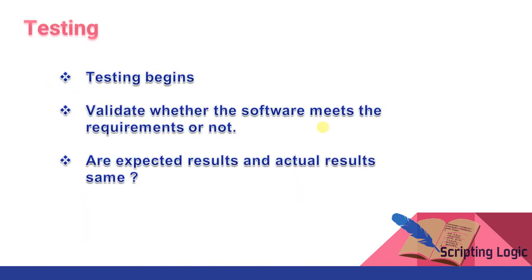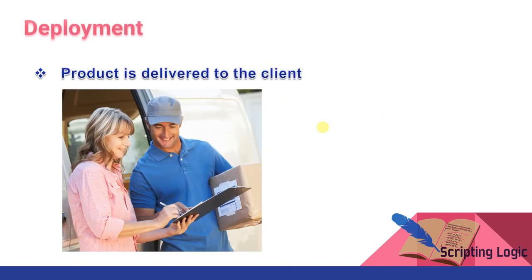So here we check whether the software is correctly developed or not. We validate whether the software meets the requirements or not, or are the expected results and actual results same. Once the testing is completed, we deploy the software, we deploy the product to the customer. So product is delivered to the client, right?